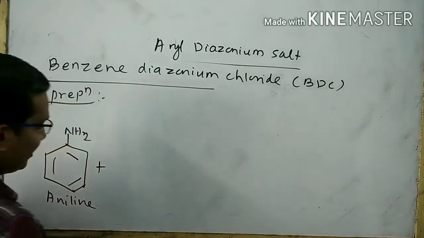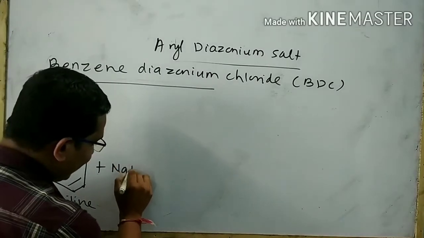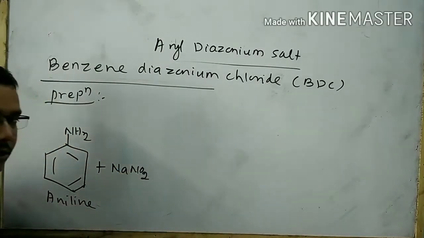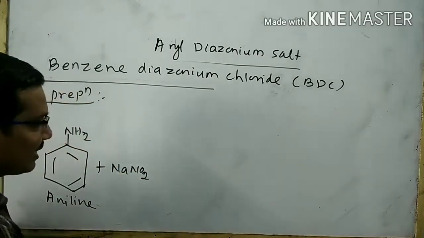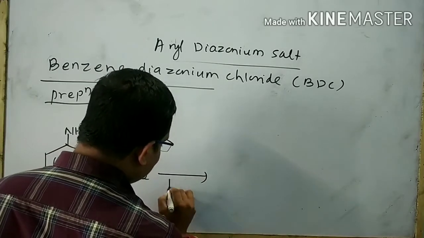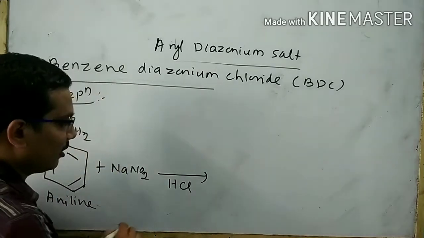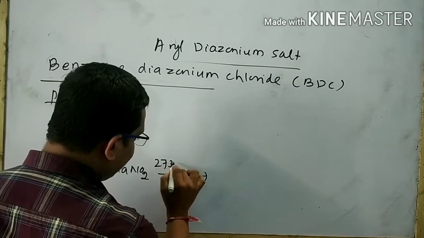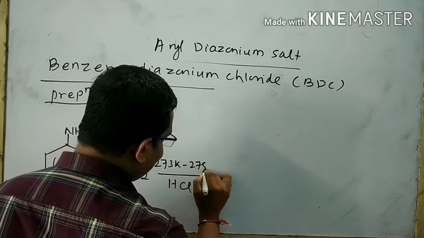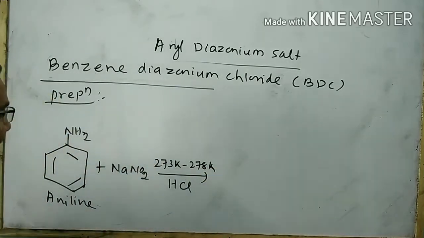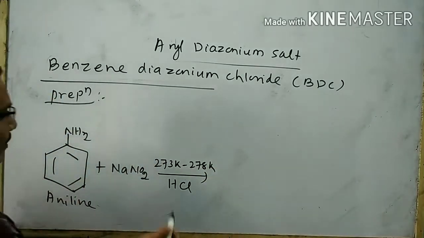Aniline is treated with sodium nitrite and also with a mineral acid, that is your HCl, at ice cold temperature, that is 273 Kelvin to 278 Kelvin. Then what will happen? BDC will be formed.